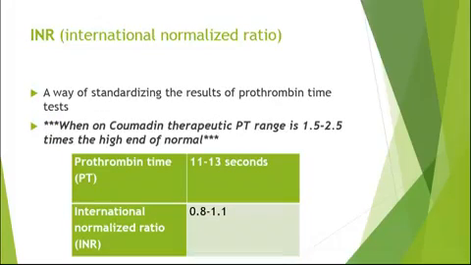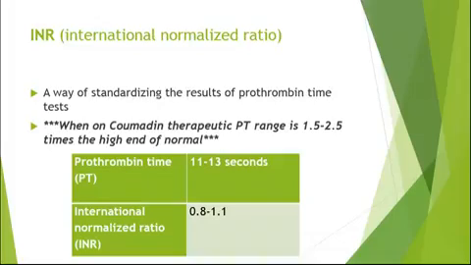The INR is always reported with the PT. The INR is the International Normalized Ratio, and it is a way of standardizing the results of the prothrombin time. What happens is each laboratory does the test just a little bit different way.